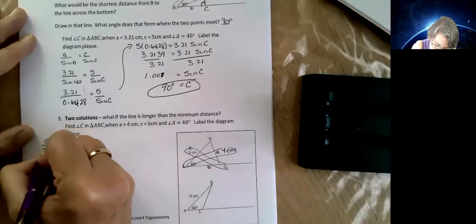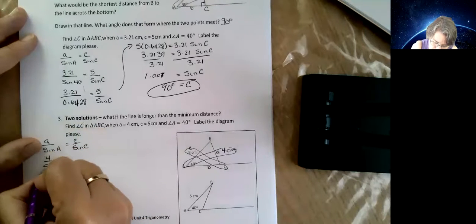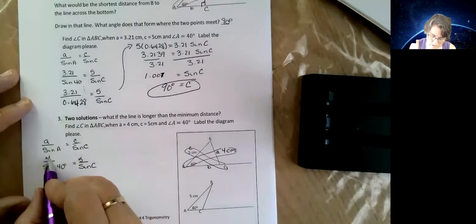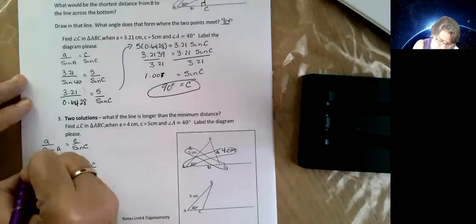a over sine A is equal to c over sine C. a, which is 4, over sine 40, is equal to little c, which is 5, over sine C. All right, we're golden.